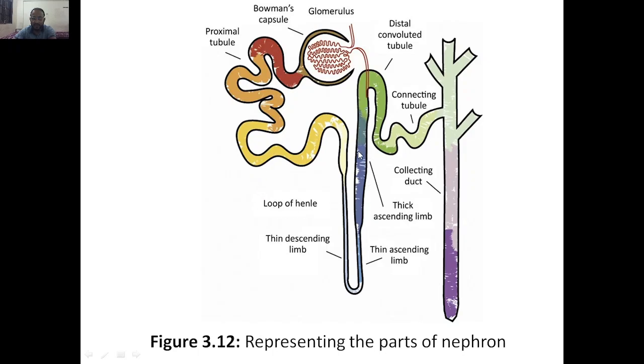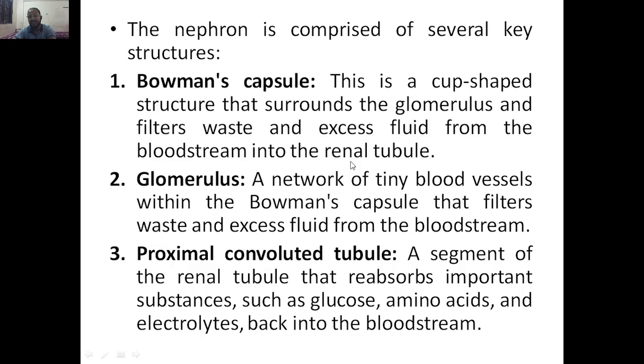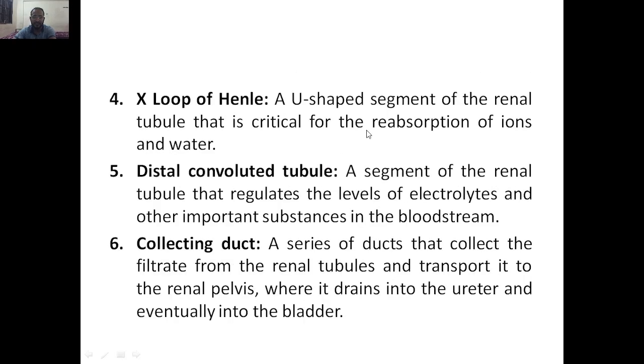The shape is very important because the higher concentration goes like this and the lower concentration goes like this. So the shape is very important for the concentration or diffusion, which we will discuss later in urine formation. So the loop of Henle is a U-shaped segment that helps in the reabsorption of ions and water.